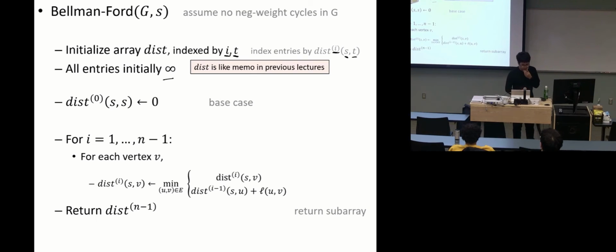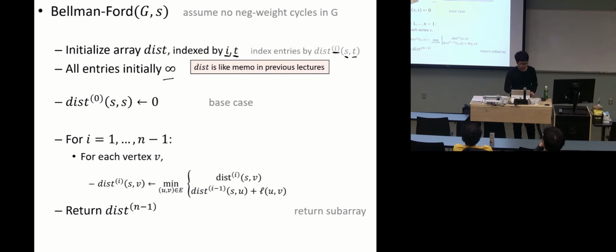What we know is that the best case is when you only allow paths of length 0, so the only thing that is not infinite is from S to S, which has length 0.